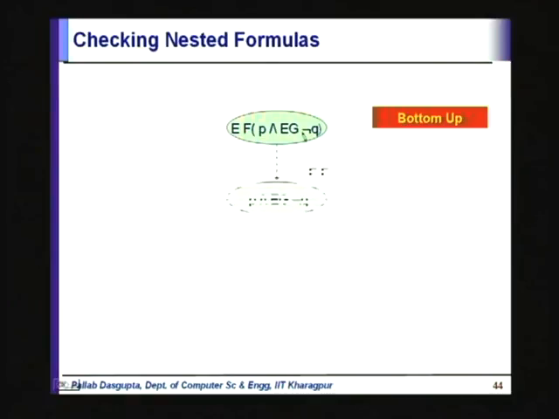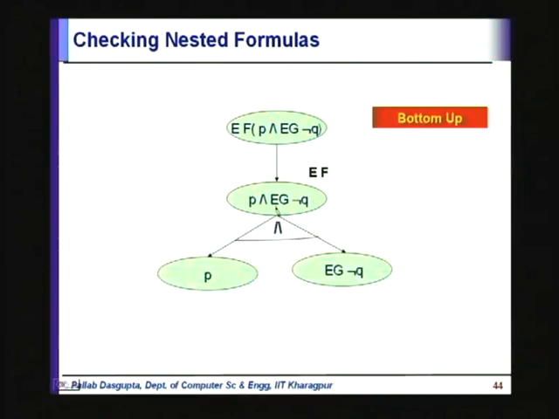So for this, we will first say that we need to do EF of this thing, and then decompose this further by saying that we need to find the set of states satisfying P and the set of states satisfying EG not Q, and to solve this we need to find the set of states satisfying not Q. So now having done this decomposition, we will start from this one.